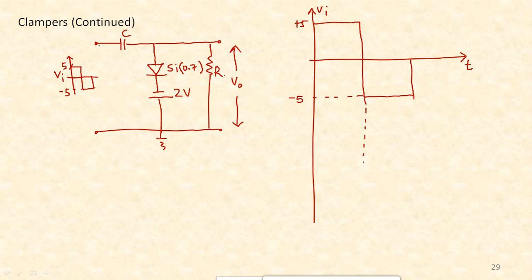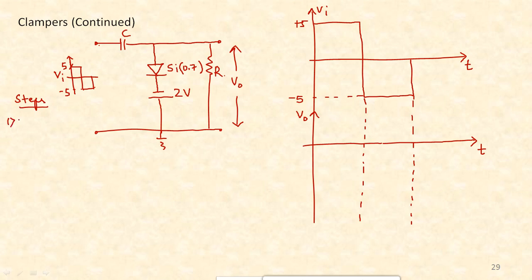Let me draw the vertical lines for better clarity and proper representation of the output with respect to the input. That will be for the output voltage V0.